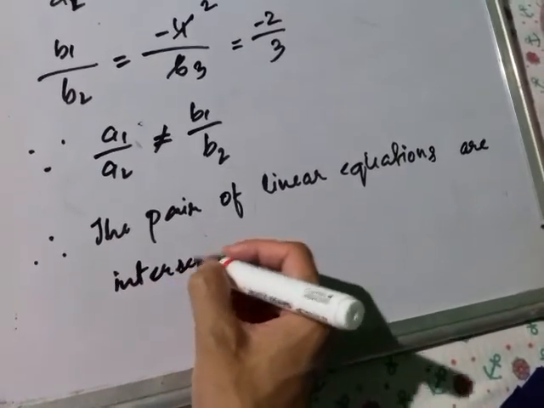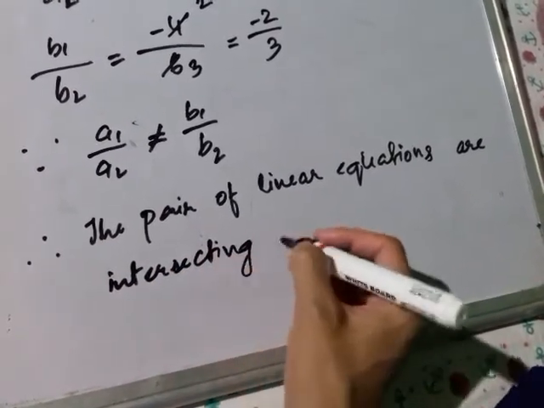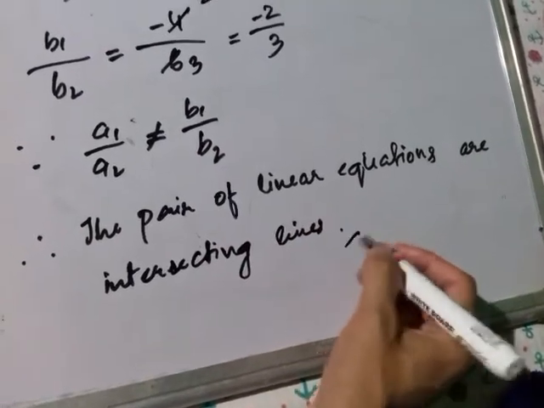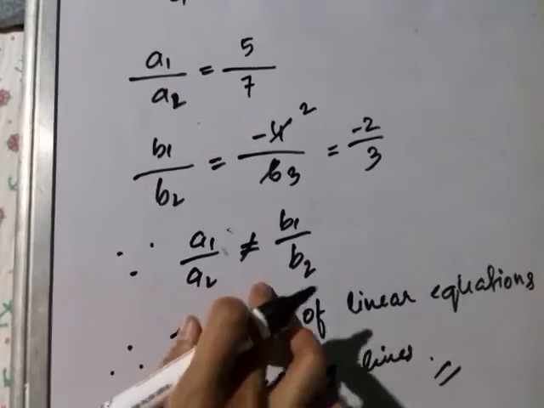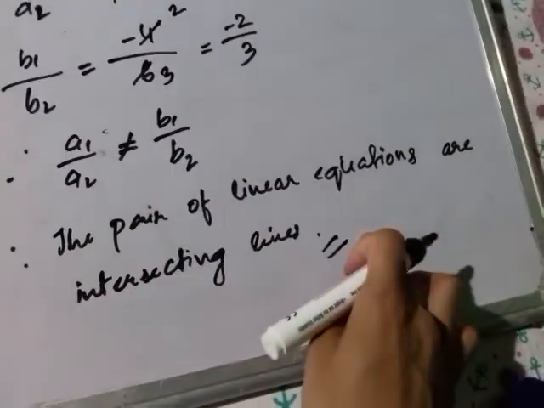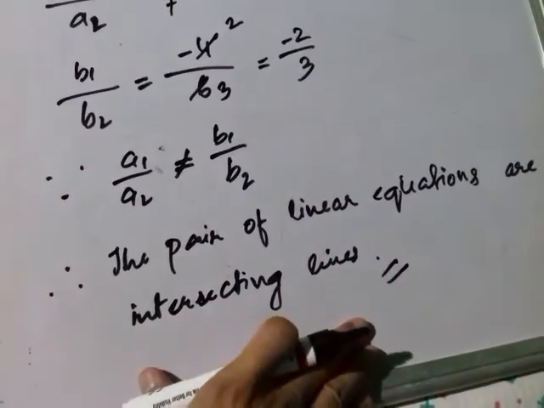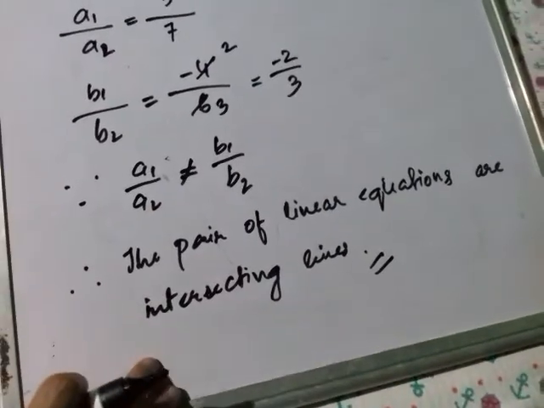Why have we written like this? Because since a1 by a2 is not equal to b1 by b2, the pair of linear equations are intersecting lines. Understand? You need to write like this.